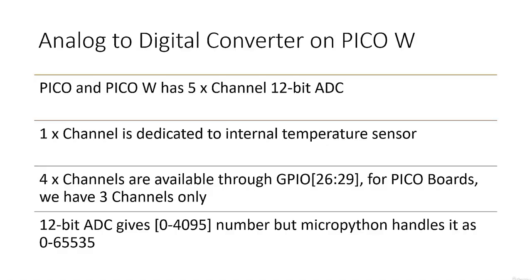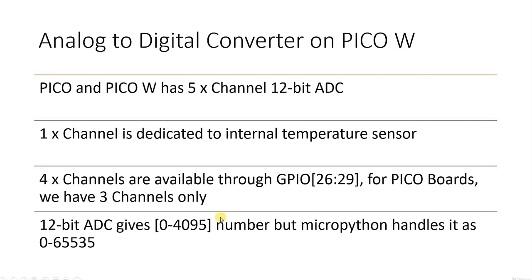Now, what are the modules? What is available on the Pico W board? Let's see that in detail. So Pico or Pico W, basically these boards are built upon the microcontroller RP2040, and RP2040 has a 5-channel 12-bit ADC. It means it can convert the 0 to 3.3 volt voltage range into 4096 total results, starting from 0 to 4095.